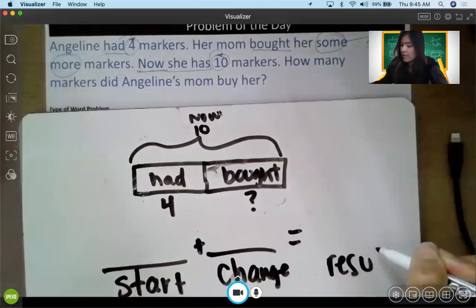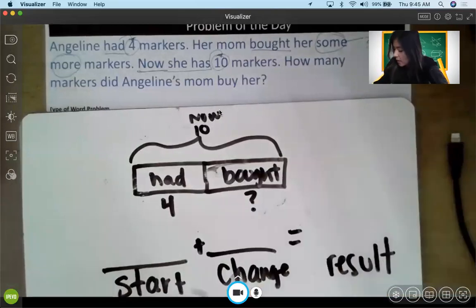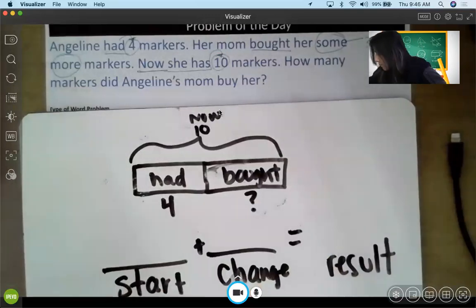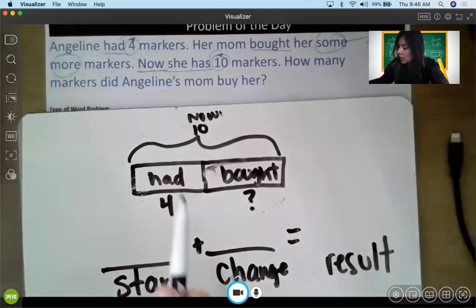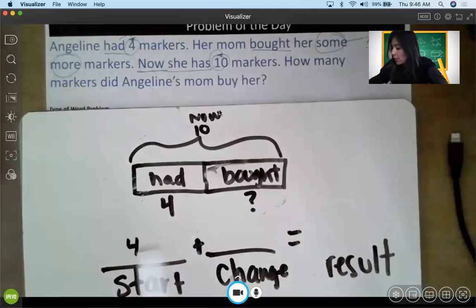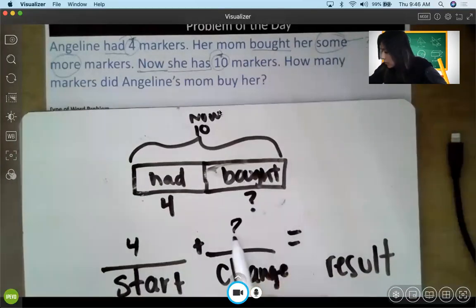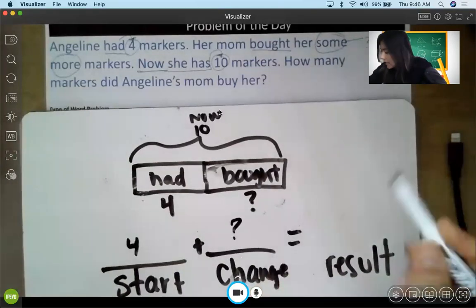In this case, it is what she had plus what her mom bought and what she has now. Okay, so let's go ahead and add those values. So had is 4. How much did her mom buy? Well, we don't know. And now the result, now she has 10.